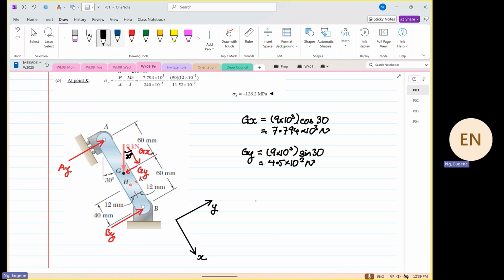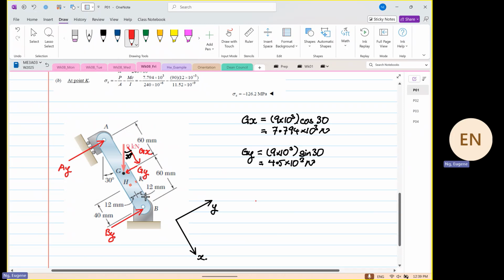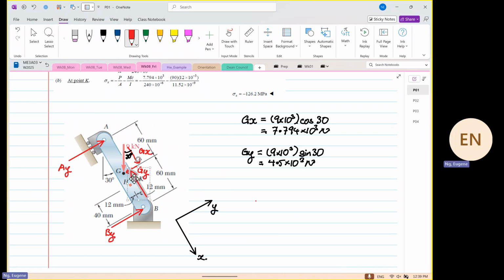We are aware that we're going to have a BX, and the BX is going in this direction. Anything else? We have nothing. That's all we need for now. So now we are introducing this as RZ, right-hand rule.